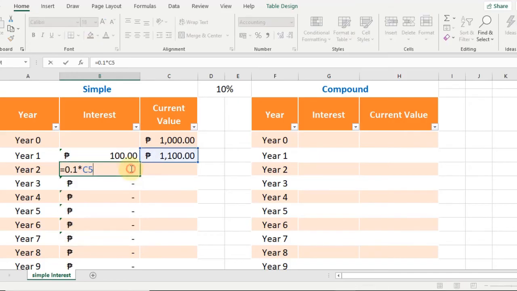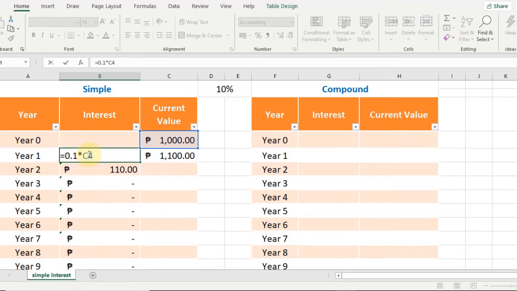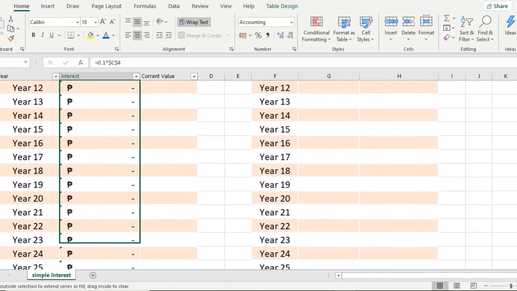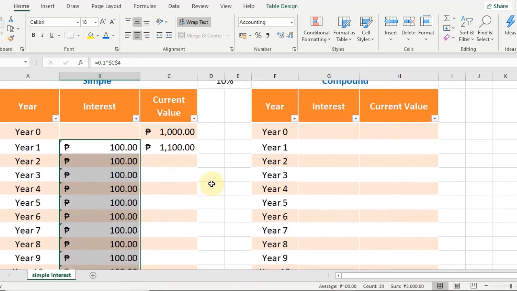It's different. Why? The value also went down. It became C4. Here, it became C6. Right? So if you want to keep that fixed, you put the letter in between dollar signs. Okay? So my point is, every year, year in and year out, you get an interest of 100 pesos.